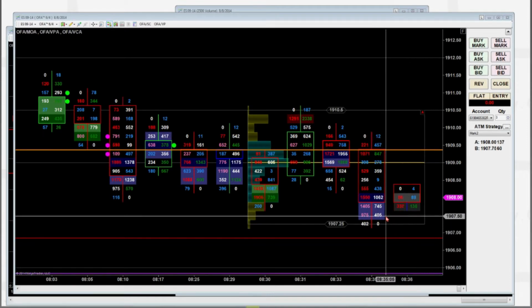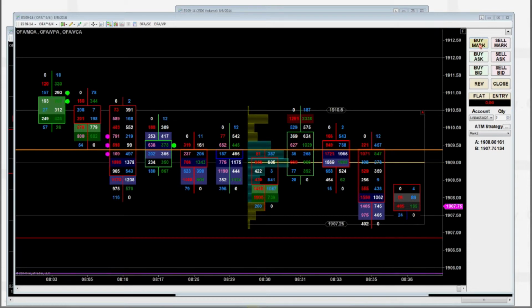I was looking for a little bit more strength at the offer, to get into that trade. Looking at the profile, it almost looks done to the bottom. I'd like to see one more tick down to 1907 at least.